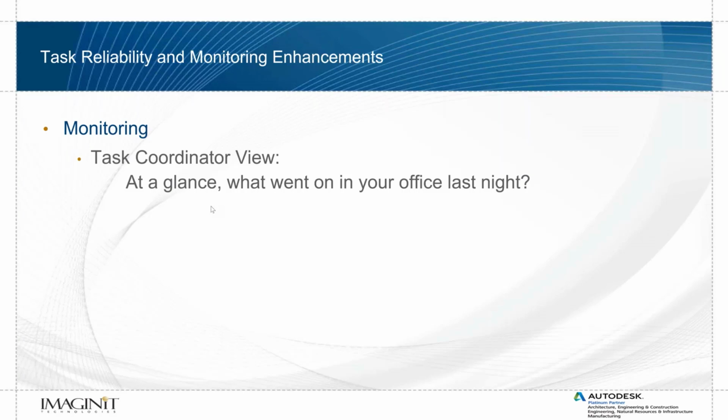And in particular, for some of the customers that have multiple offices and maybe task servers that are in different offices and different people that are responsible for different offices, both the projects and maybe even if there are local task servers, a better way to get a view of what's going on in the offices that you're responsible for.